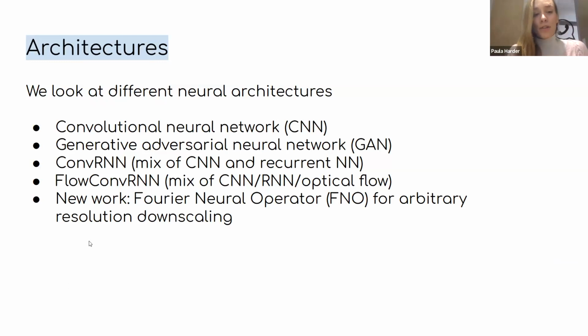And then also we have newer work where we used neural operators to have a kind of upscaling factor independent downscaling. But the message there was again to see that the constraints work independently of the architectures. So we didn't find big differences. So I think you could basically add any architecture here.